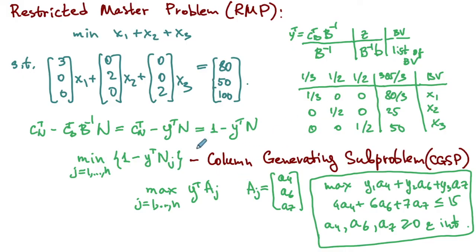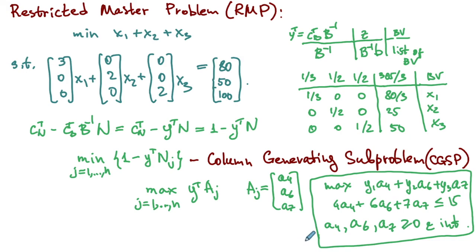And then again, try to see if the column generating subproblem yields optimality to the original problem or generates a new column, and we keep going generating the new columns until we reach the optimal solution to the restricted master problem that we can certify as optimal for the original problem.